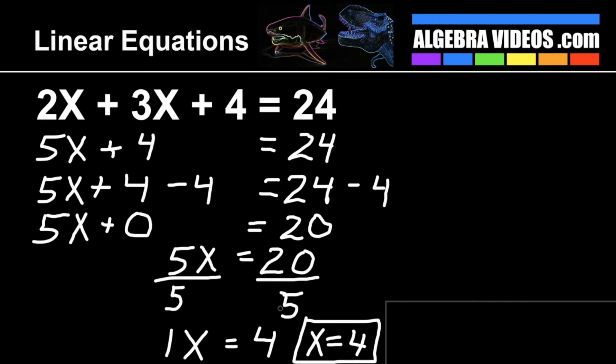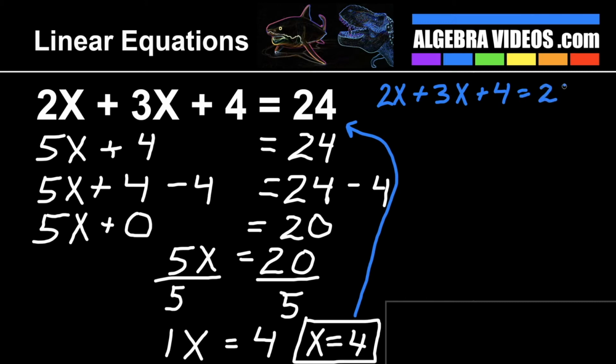We're going to plug in this number 4 back into the original equation and make sure that both sides are equal. And if they are, we know we got the right answer. So let me just rewrite the original problem. 2x plus 3x plus 4 equals 24.